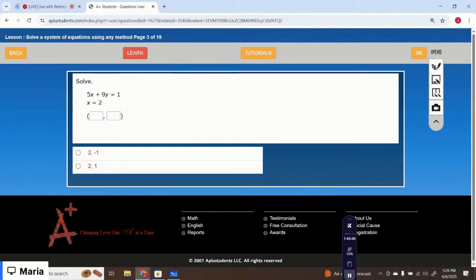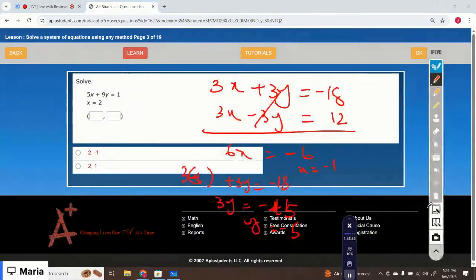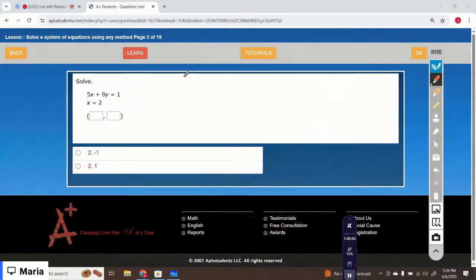So just replace the variable x with the value. I'm going to use the substitution method. Substitute x equals 2 in the equation and calculate the value of y.